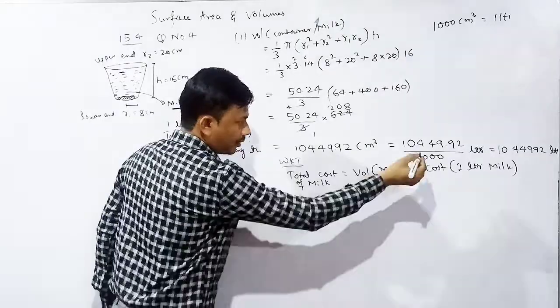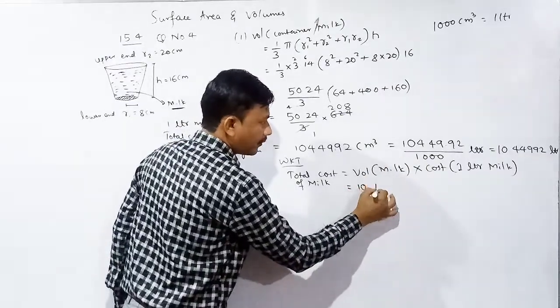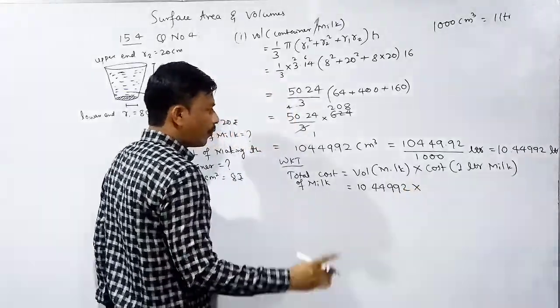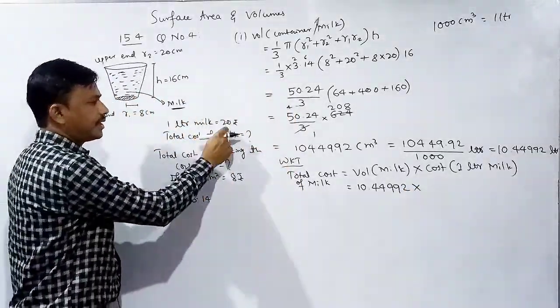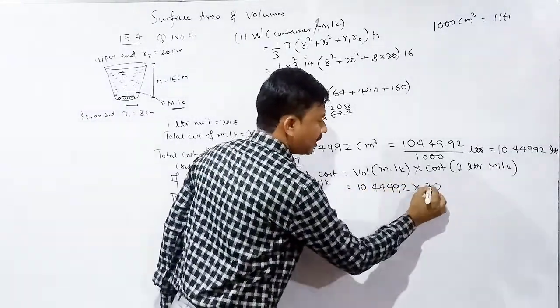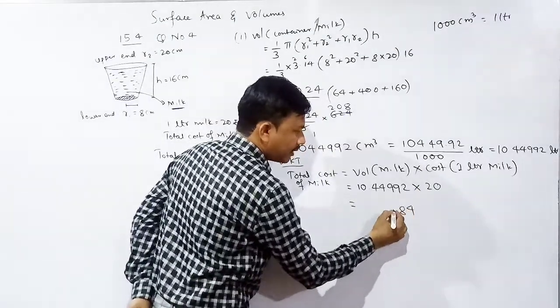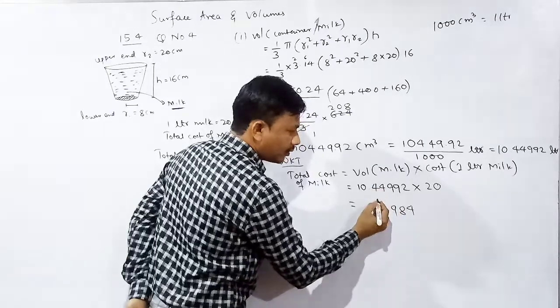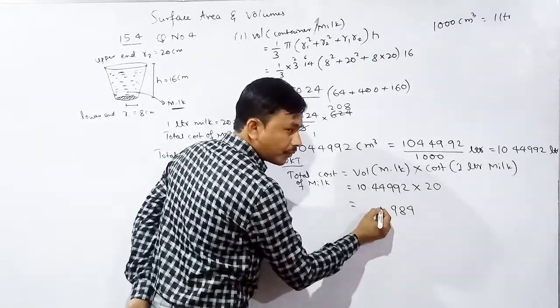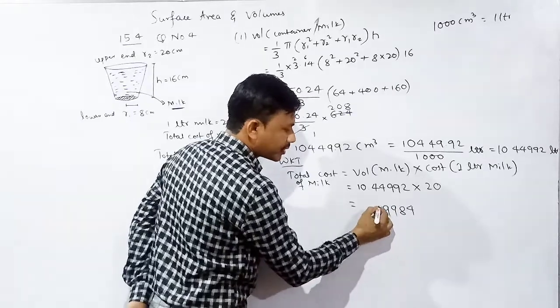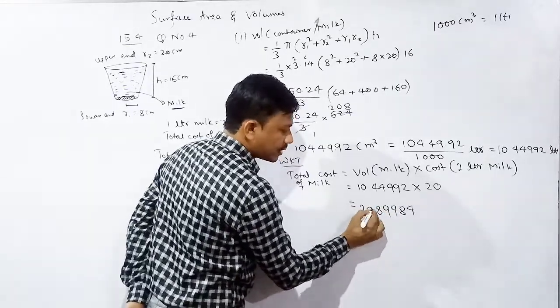This is equal to 10.44992 into the cost of 1 liter milk, which is 20 rupees. 2 2s are 4, 2 9s are 18, 2 4s are 8 plus 1 is 9, then 2 2s are 4, 2 4s are 8, 0, 2 1s are 2.